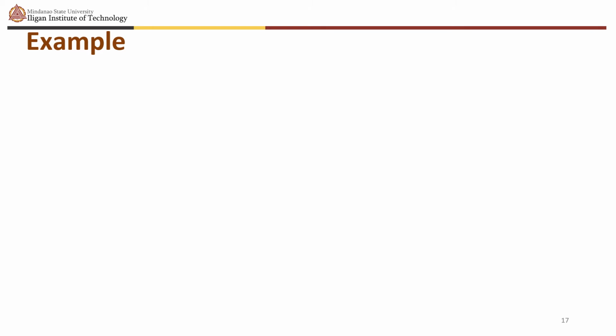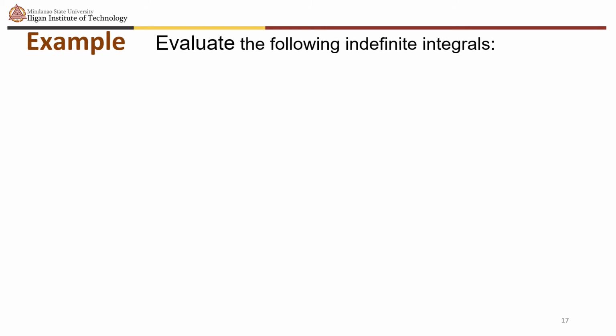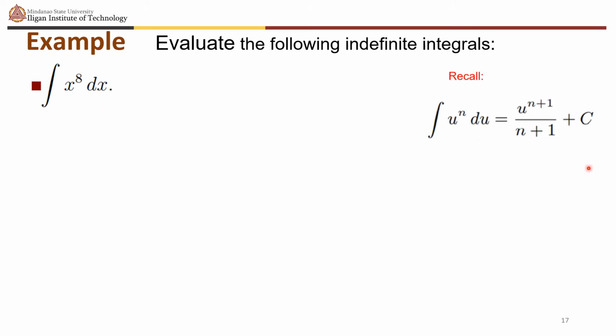For example, you're asked to evaluate the following indefinite integrals. First, evaluate the integral of x to the 8 dx. If you recall, the integral of u to the n du is u to the n plus 1 over n plus 1 plus c.